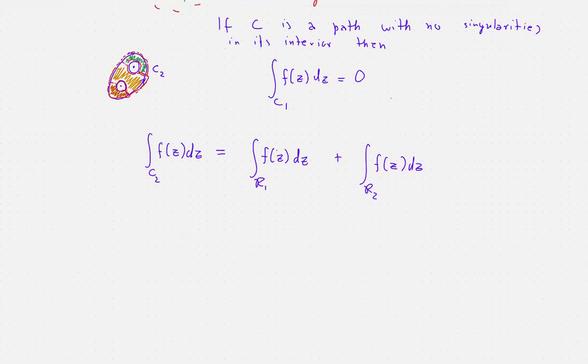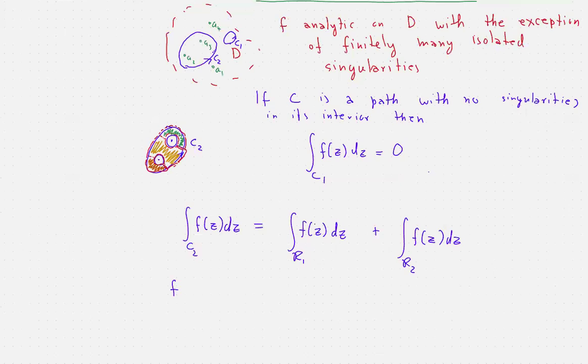So you can look at the expansion around one of those singularities, or let's say around A2, and your function would be something like this.